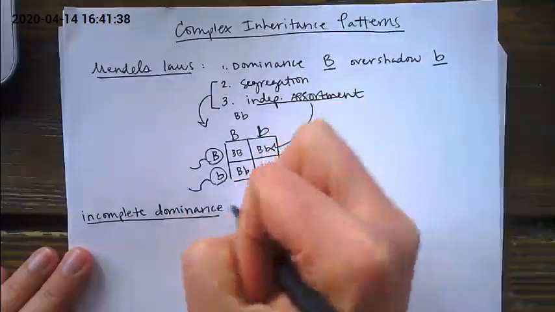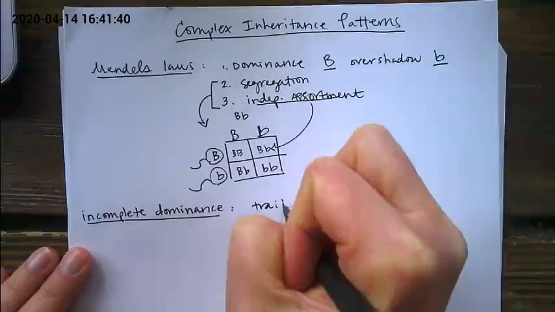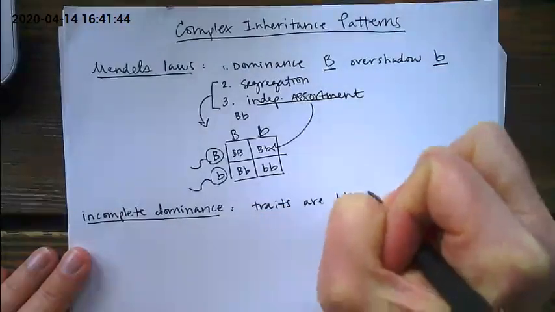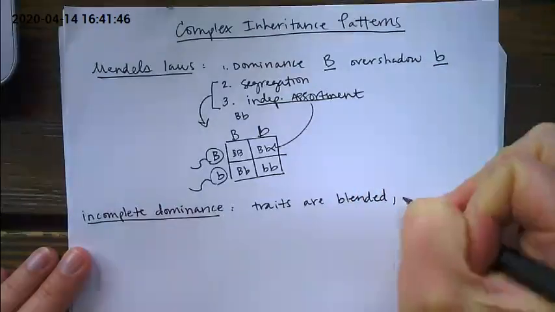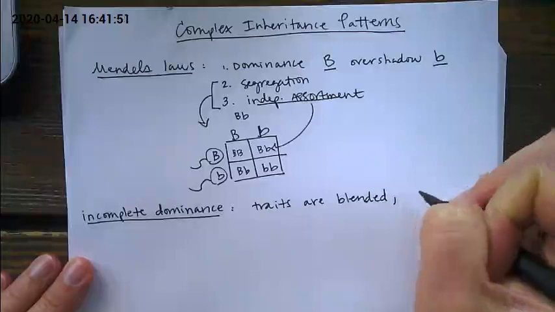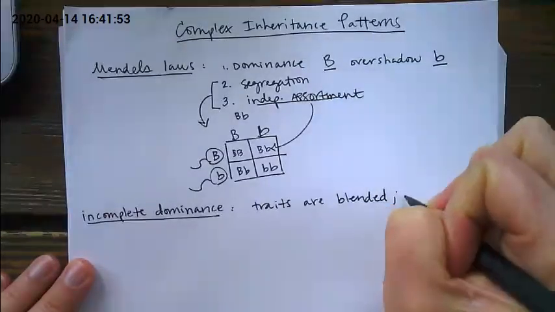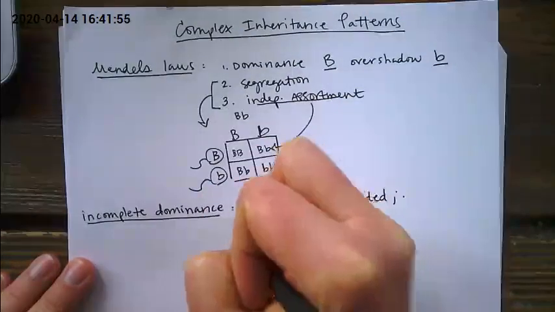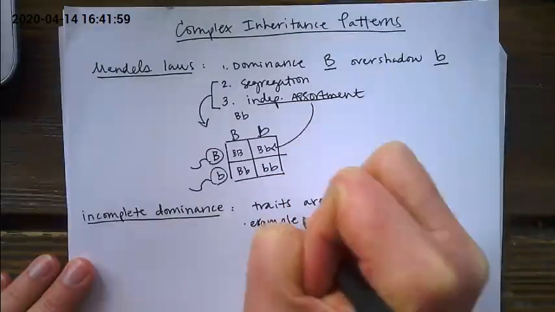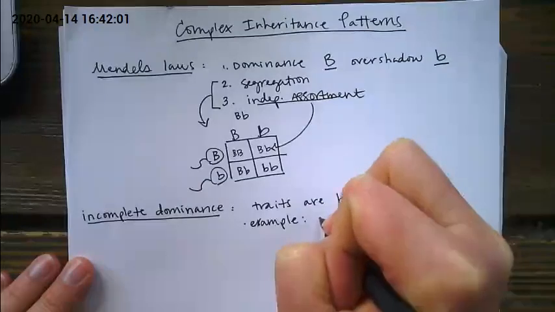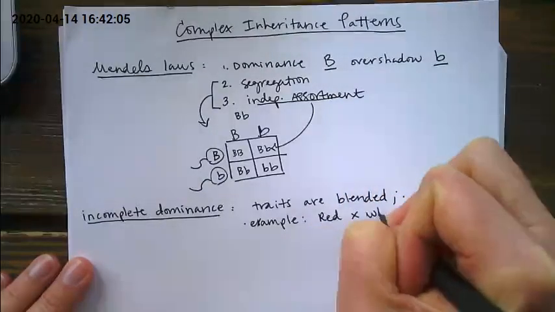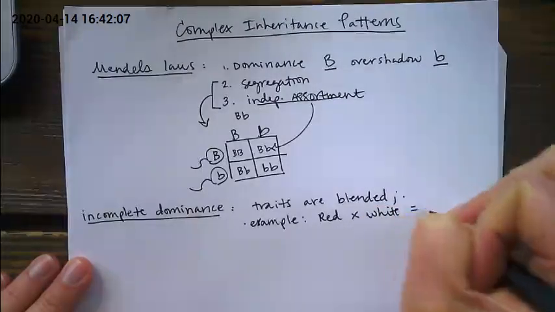This is when traits are blended. Let's go down here. Example: red mixed with white will give you pink offspring.